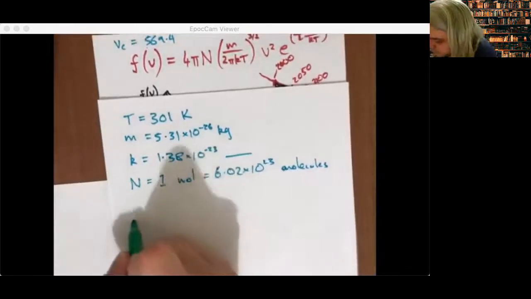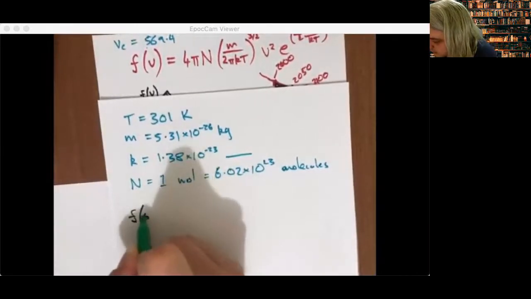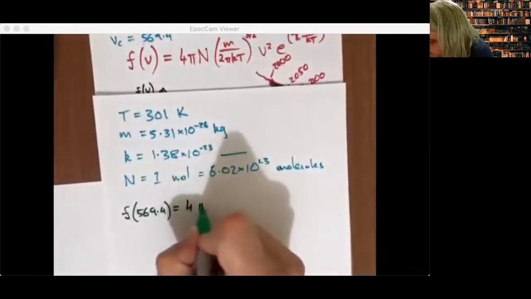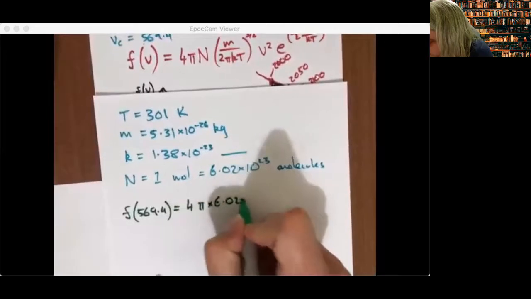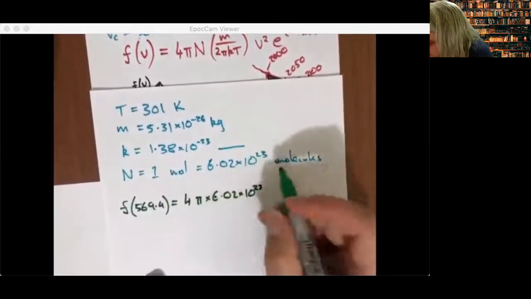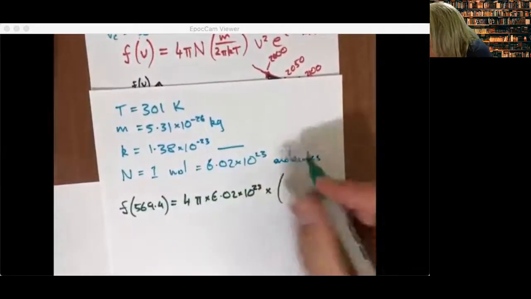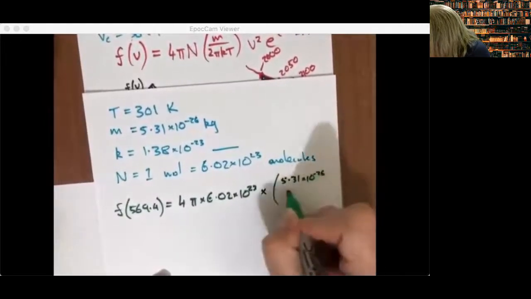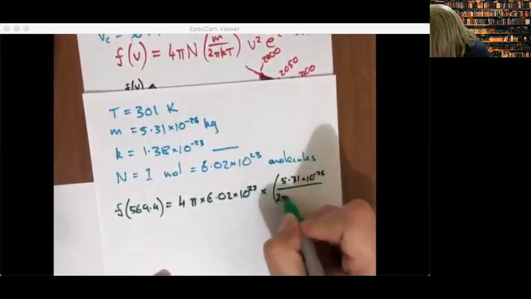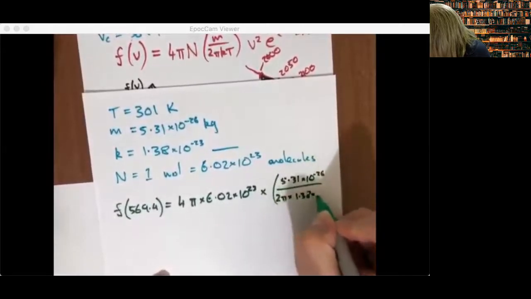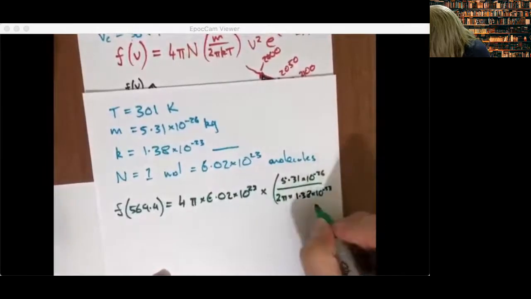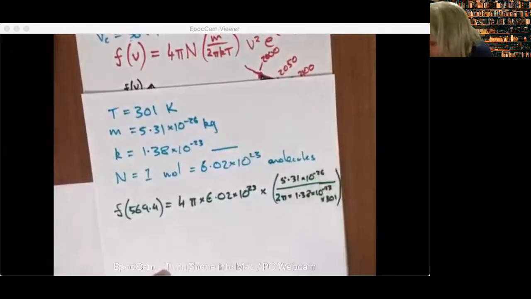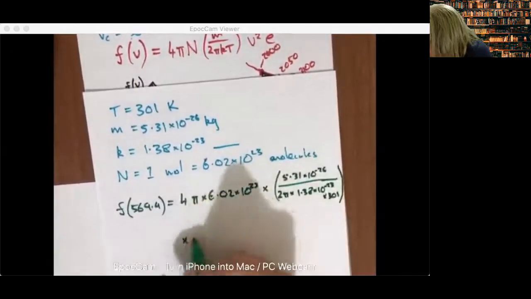So the function of 569.4 is equal to 4 pi times 6.02 times 10 to the 23 times, in brackets, 5.31 times 10 to the negative 26 all over 2 pi times 1.38 times 10 to the negative 23 times 301. That's on the bottom of that fraction.